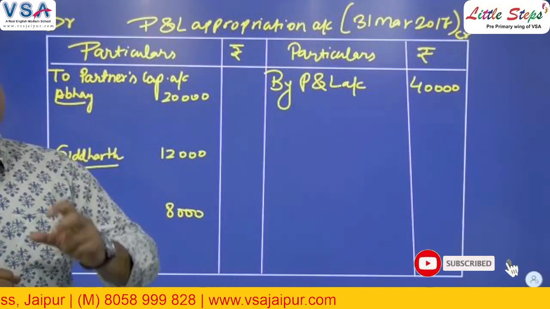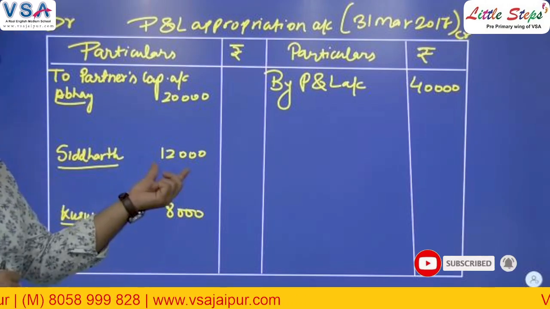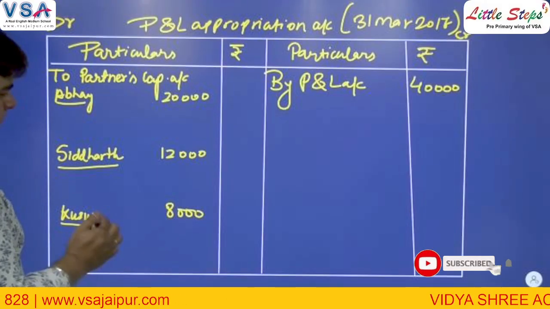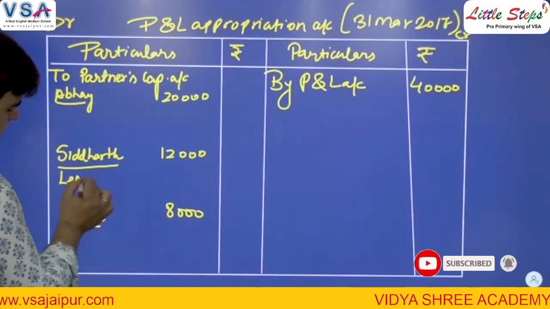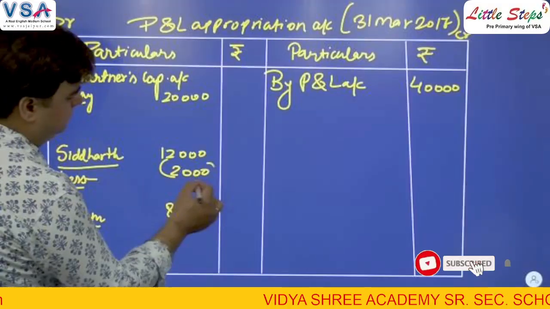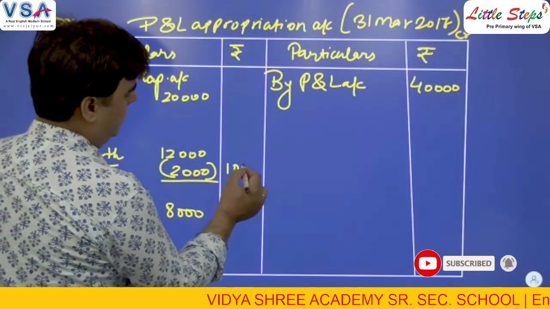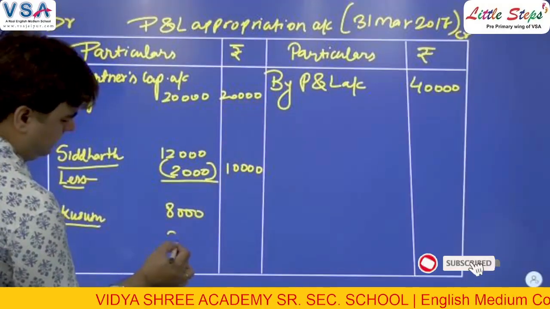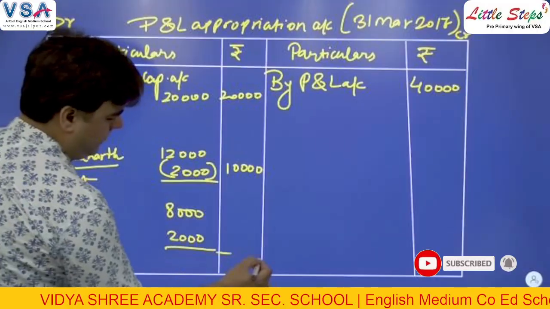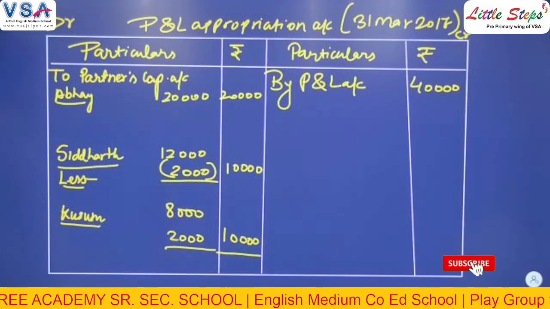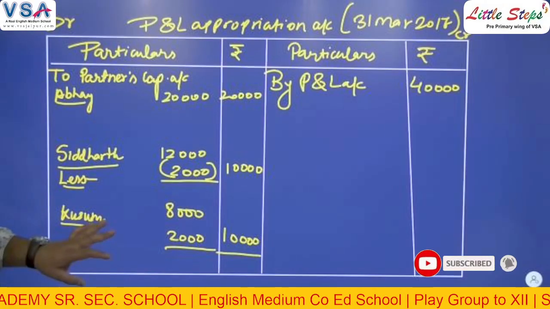That means this 2,000 rupees will be deducted from Siddharth's profit part and added to Kusum's part, right? So simply we'll subtract 2,000 rupees from Siddharth's part. This will be left with 10,000. This will be 20,000 again, and we'll simply add this here, and the amount will be 10,000. This was the guarantee provided, and the amount is being reflected here.